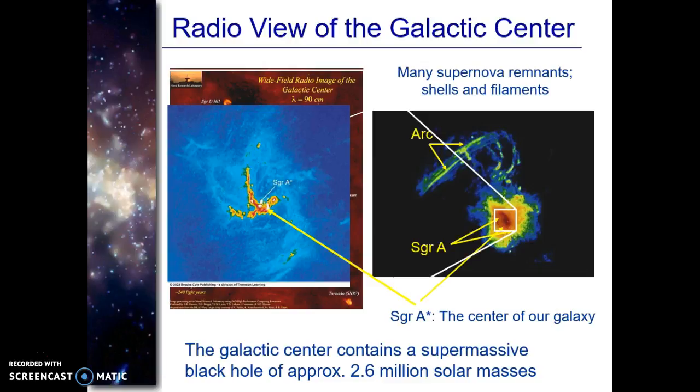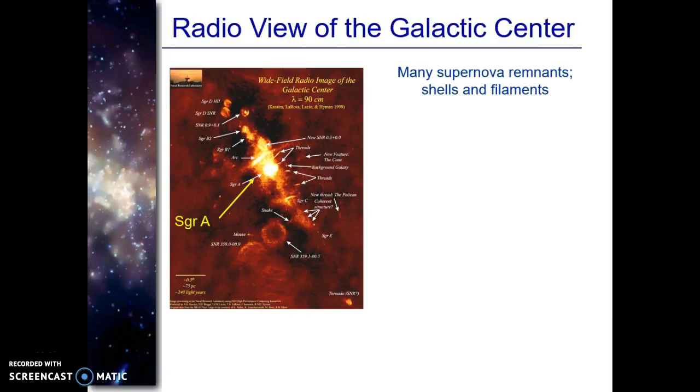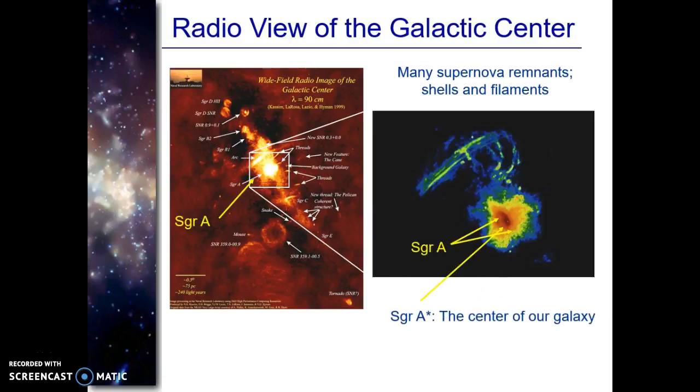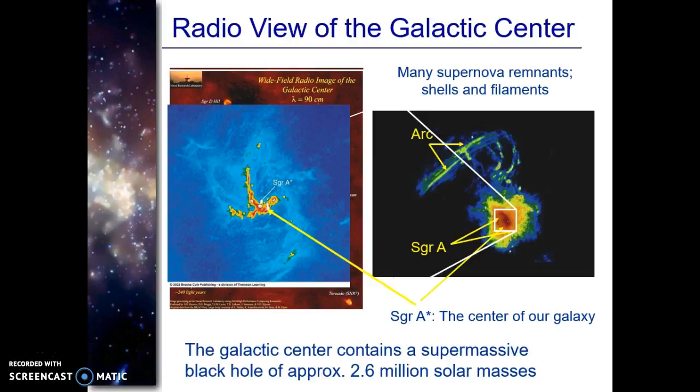Okay, so the nucleus of our galaxy is completely invisible at visible wavelengths. We saw that. But if we look at it through radio, infrared, and X-ray wavelengths, that radiation can penetrate the gas and dust, and that's what shows us that there are stars and all this dust on the inside of the nucleus of our galaxy.